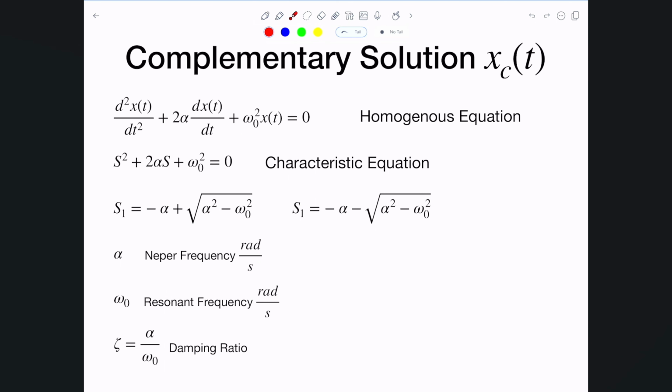I have previously mentioned that the solution has three cases: overdamped, underdamped, and critically damped. So where does all of this fit within this solution? As it turns out, the complementary solution contains what we call the characteristic equation, which is a quadratic equation, so it has a first root and a second root. These roots have different versions.